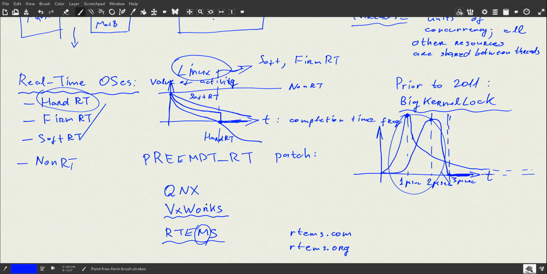RTEMS is 30 plus. So originally M stood for military and even more so for missile. It was an operating system designed for a real-time control unit of the United States MX Peacekeeper ICBM, Intercontinental Ballistic Missile.